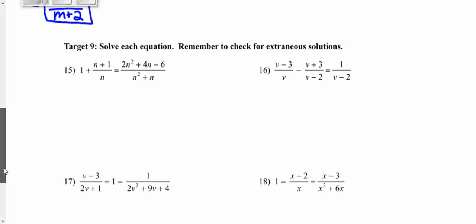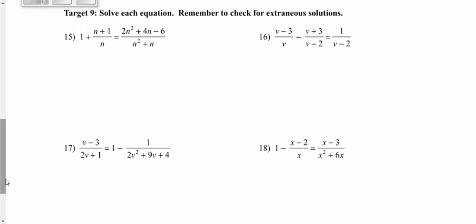All right, our last target is target 9, and so our goal here on target 9 is to solve and check for extraneous solutions, but in order to do that, we do need to have a common denominator. So the first thing we're going to do is look at any denominators that are able to be factored. So think of that as over 1. Our second denominator is just n, so we can't factor that.